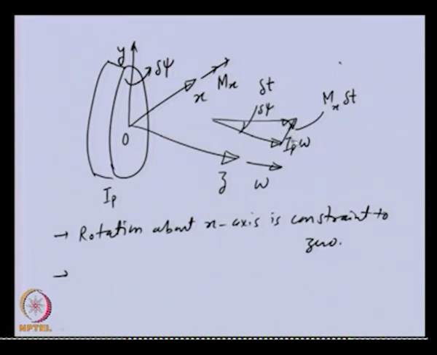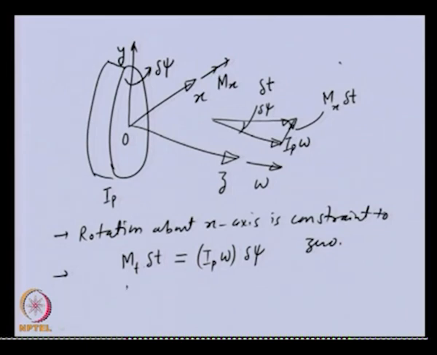From this figure we can relate the change in angular momentum due to the moment. From this vector we can see that this change is nothing but Ip omega times the small angle which the disc got tilted because of this moment.